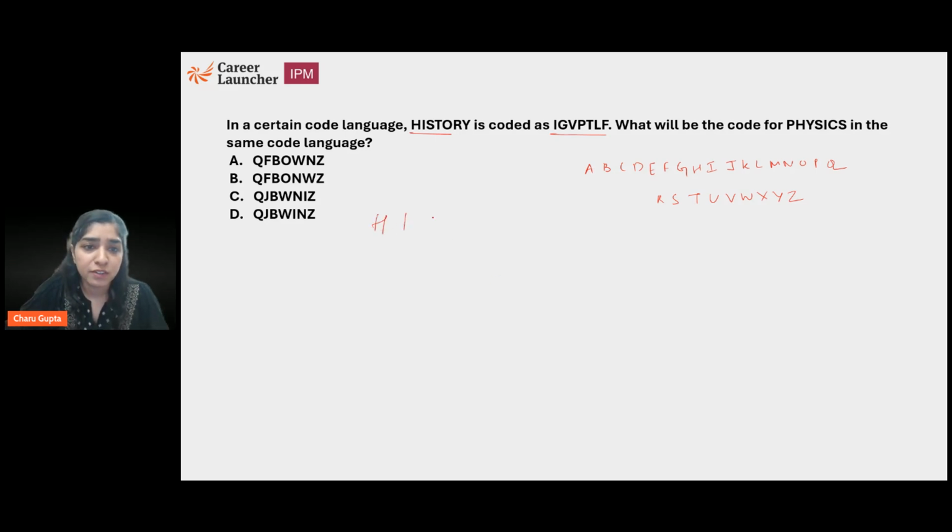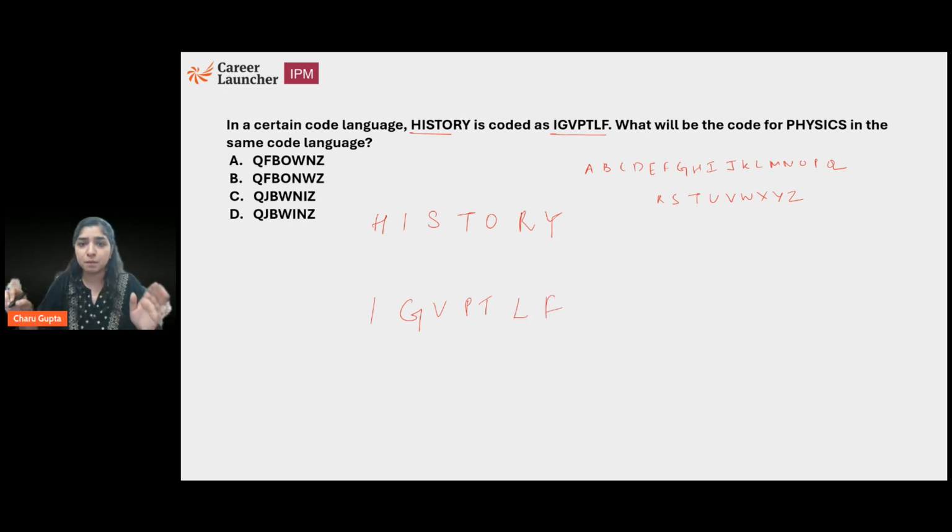Okay, so now we are given the word HISTORY, and the code is this. I don't know, the pattern could be anything, but the first try that anybody should do is to find out if there is a correlation between the corresponding letters only. So H and I, it's plus one. It's moving one place forward.